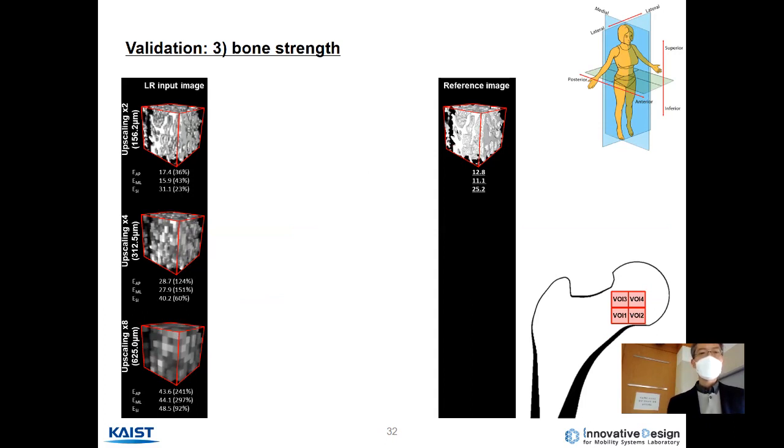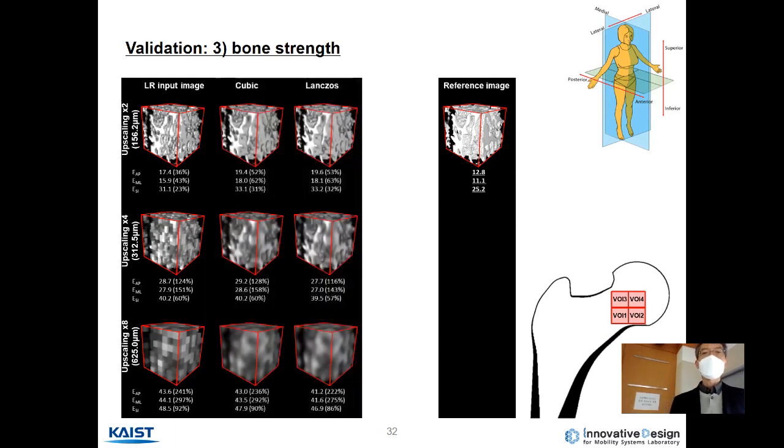But interesting is that when we use the low resolution input image, it provides quite high errors, maximum over 300%. So when we use these values, it can cause misdiagnosis and overdiagnosis.